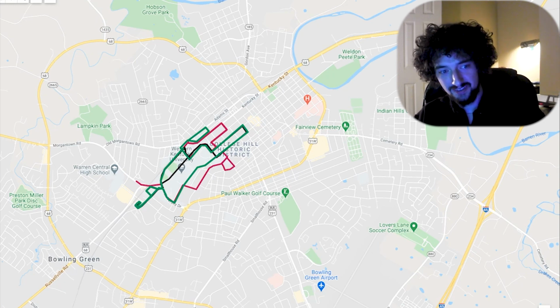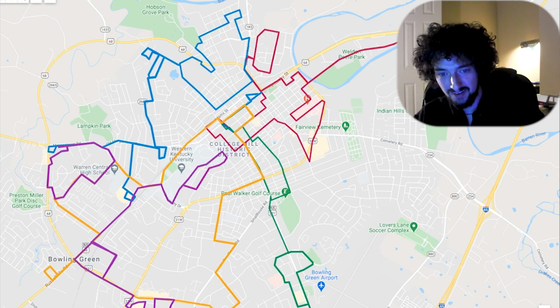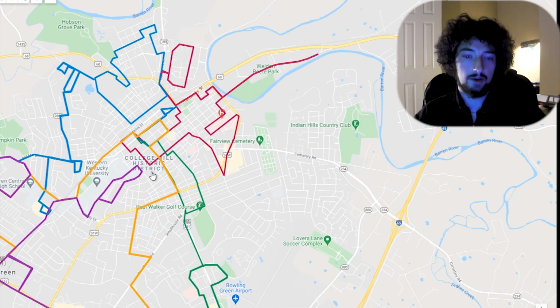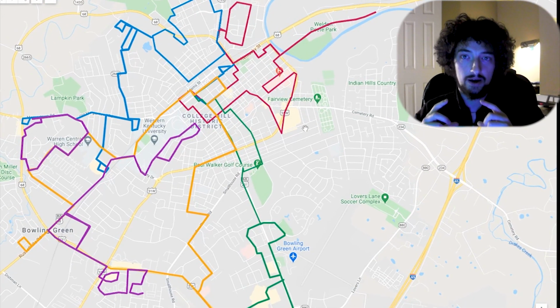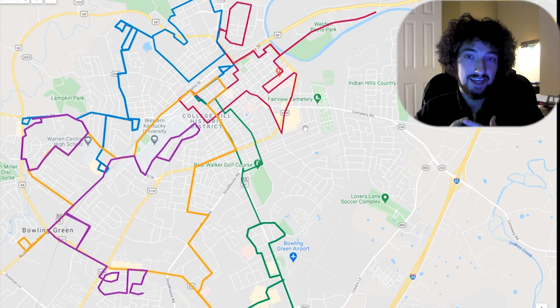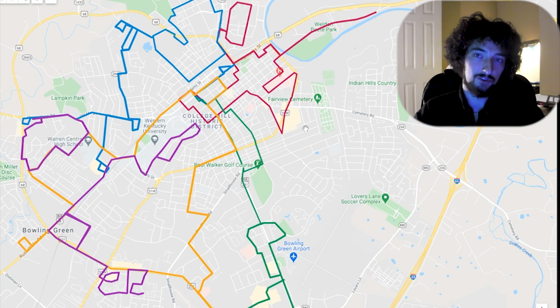And conversely, when I look at the Bowling Green transit routes, what I'm seeing here is that, yes, these routes are circulatory, they hit a wide area of the neighborhood that they service, but they only service one specific area of the city, and there's no intermingling.